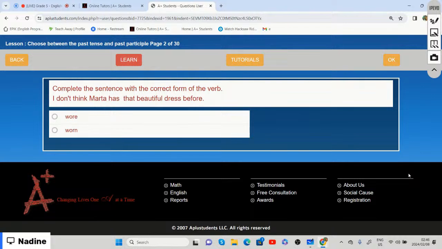And I don't think Martha has, we said, worn that beautiful dress before. And worn is correct, right?